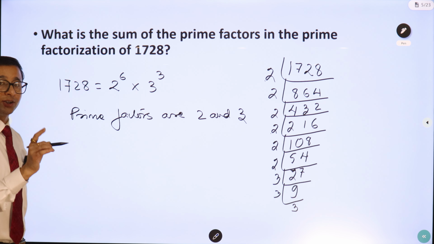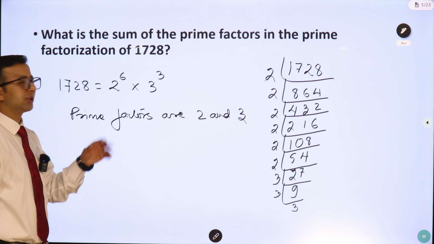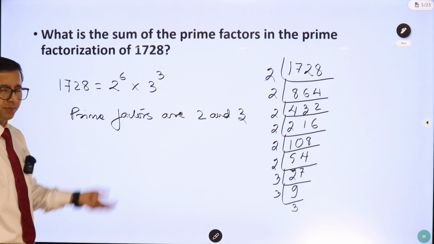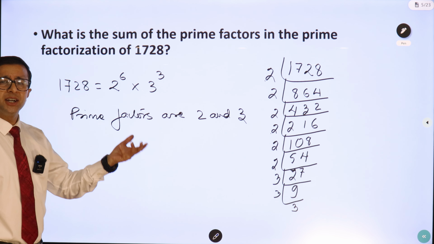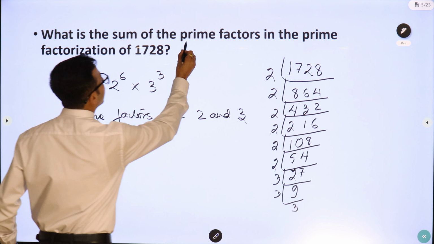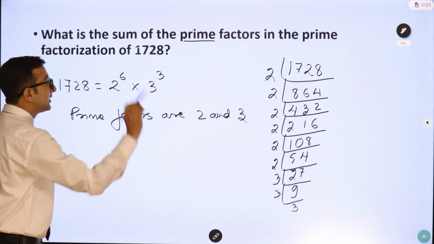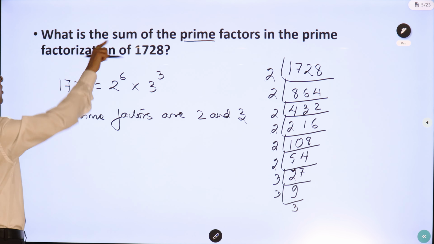Here prime factors are 2 and 3. 1728 को factors मात्रै भनेको भए धेरैवटा हुन्थ्यो, 2 पनि हुन्थ्यो, 4 पनि हुन्थ्यो, 8 पनि हुन्थ्यो, 3, 9, 27 थुप्रोवटा नम्बर हामीले फ्याक्टर्स पाउने थियो. तर यहाँनिर के भन्दैछ भने प्राइम फ्याक्टर्स भन्दैछ. प्राइम फ्याक्टर्स आर 2 and 3. Now what you need to find out is, what is their sum.